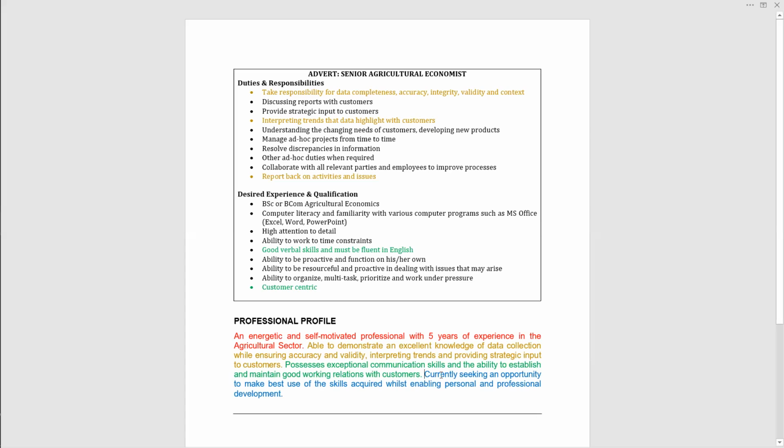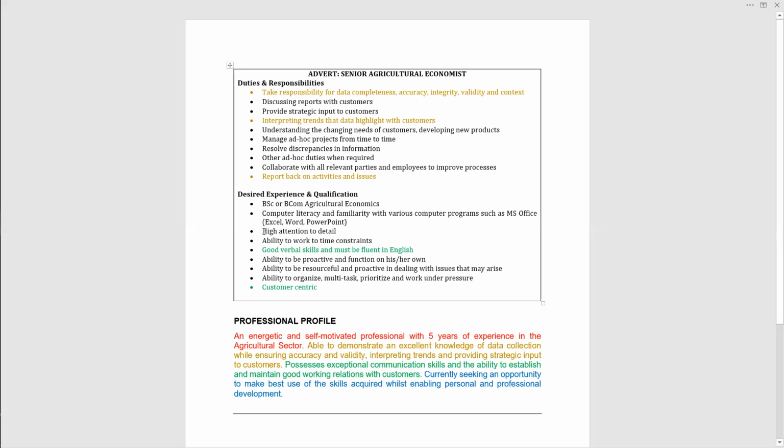And you can just say, currently seeking an opportunity to make best use of the skills acquired whilst enabling personal and professional development. It's important to always relate what you talk about in your CV to the advert. When it comes to speaking about your skills, you can look at the advert again and see what it is that the employer requires.